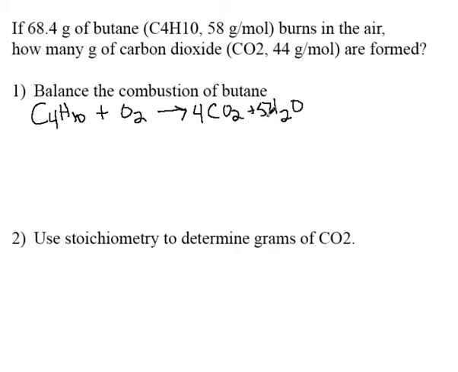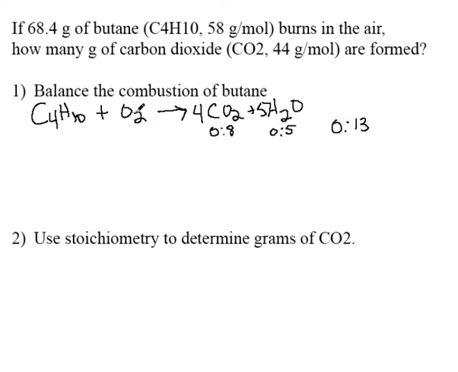Now we can go about balancing the oxygen. In the products, we have 2 oxygens in each carbon dioxide. There are 4 carbon dioxides, so we have 8 oxygens from the carbon dioxide. In the water, there's 1 oxygen in each water, so we have 5 oxygens from the water. In total, in the products, we have 13 oxygens.